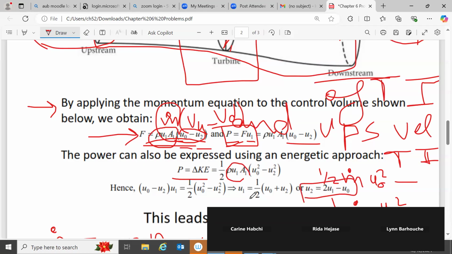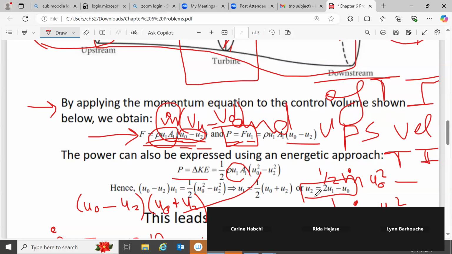You can factorize this term: this is U0 minus U2 times U0 plus U2. Then, when you do the simplification, because you have m dot in both expressions, you get that U2 is 2U1 minus U0. So now we can replace U2 in our expressions by 2U1 minus U0.